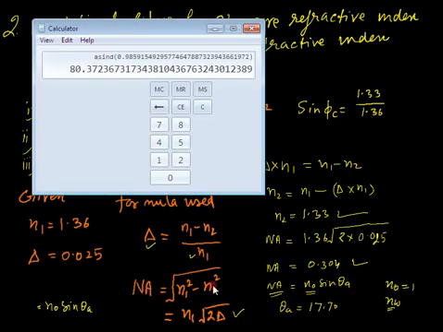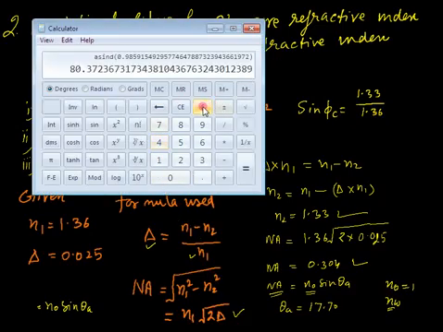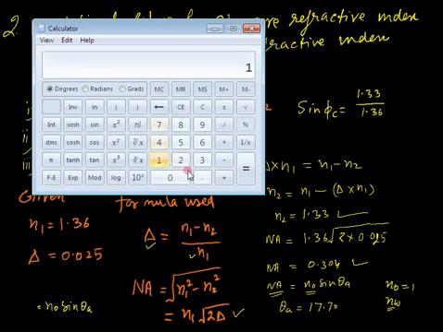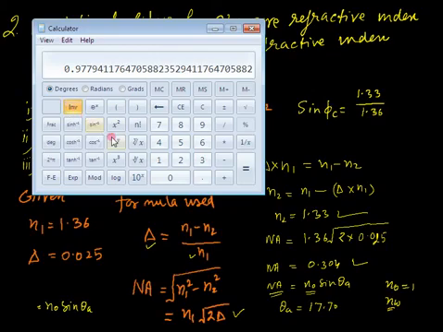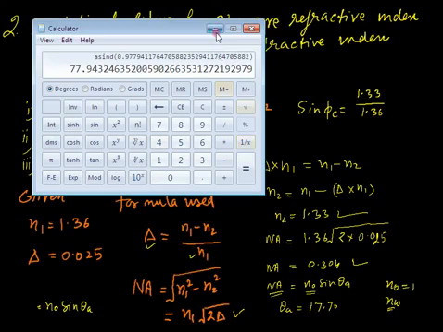So 1.33 divided by 1.36 is equal to 0.977. Take the sine inverse of it, so that is 77.94.